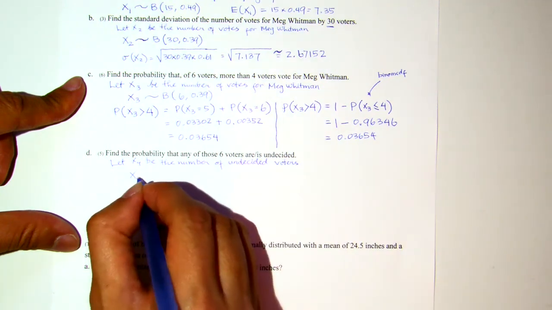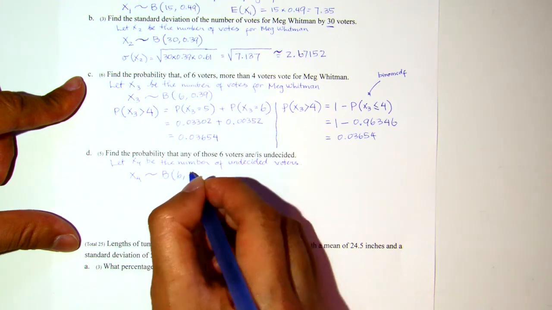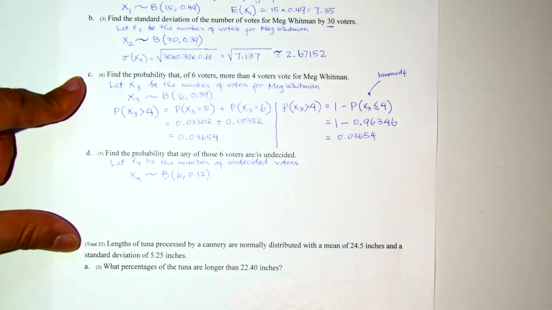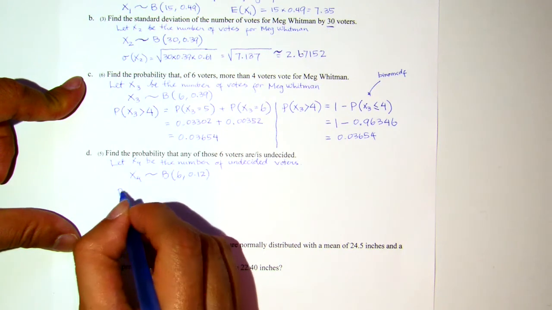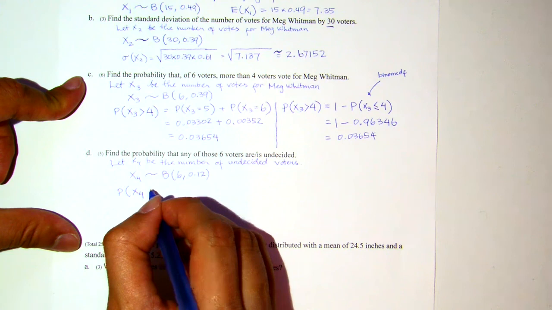Then x4 will be binomially distributed. Number of trials is 6, and the probability of each success, meaning the probability a voter is undecided, is 12%.